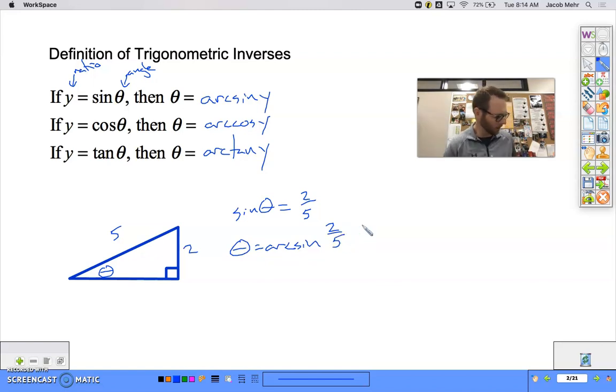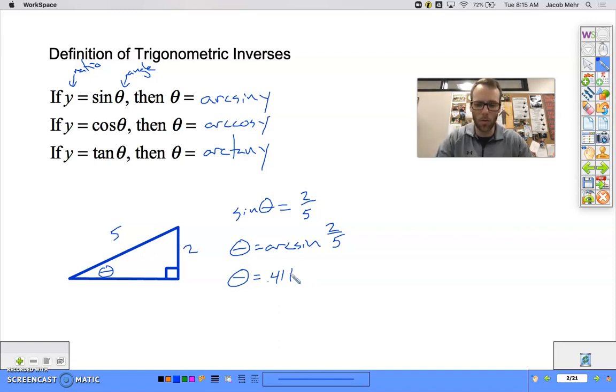Then I can grab my calculator, and my mode is in radians, and I can type in the arc sine. That is the sine with the negative first, the second notation of writing it. When I'm writing it on paper, I like to use arc, even though our calculator uses that -1. I take the arc sine of 2/5, and it gives me theta equals 0.411, in radians.